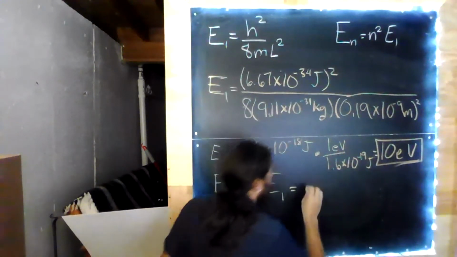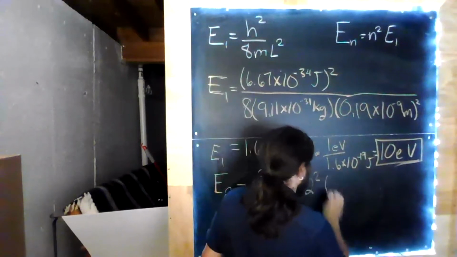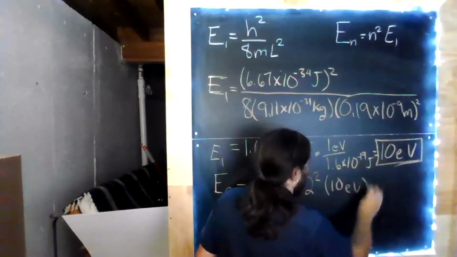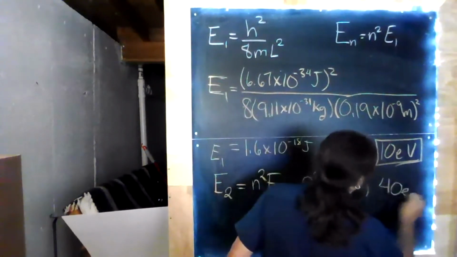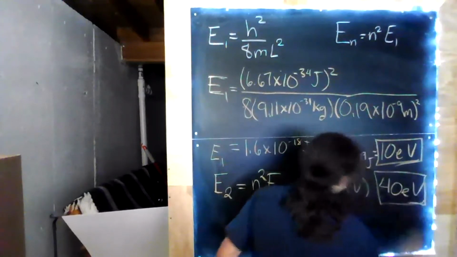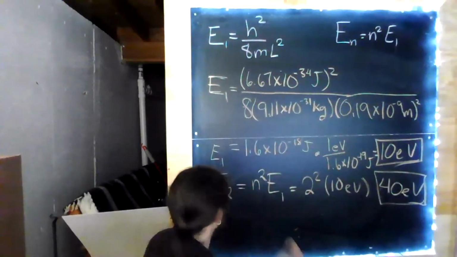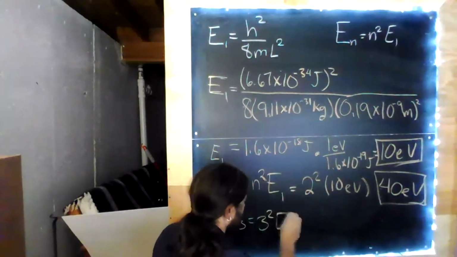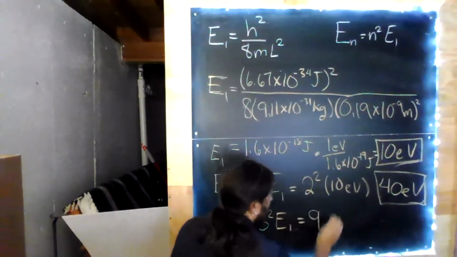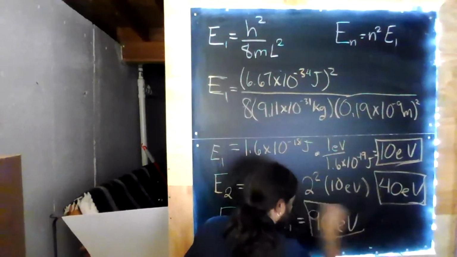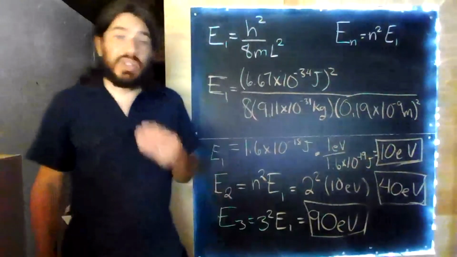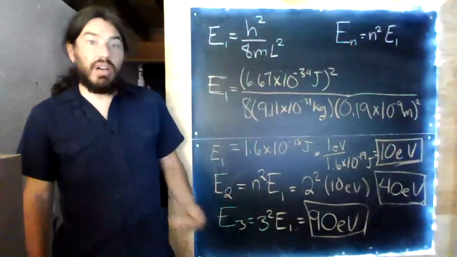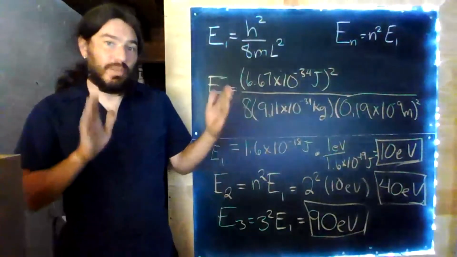And so that is 2 squared times 10 eV, or 40 eV. Similarly, E3 is 3 squared times E1, or 90 electron volts. So those are our first three energy levels of this electron confined to a box.